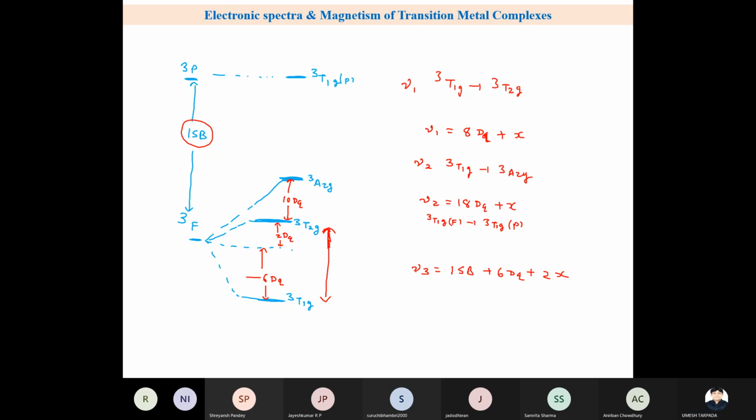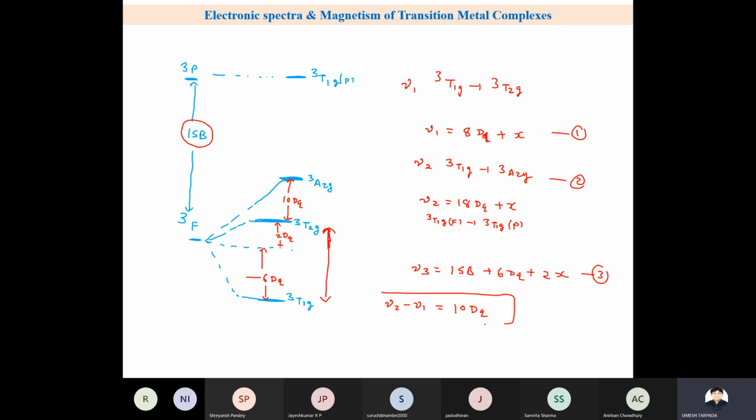So now you tell me, this is equation number 1, this is 2, this is 3. What is 2 minus 1? It is the repulsive energy, the magnitude of repulsive energy. So what will ν2 minus ν1 be? 18 dq minus 8 dq, x cancels out, so how much will it be? 10 dq.